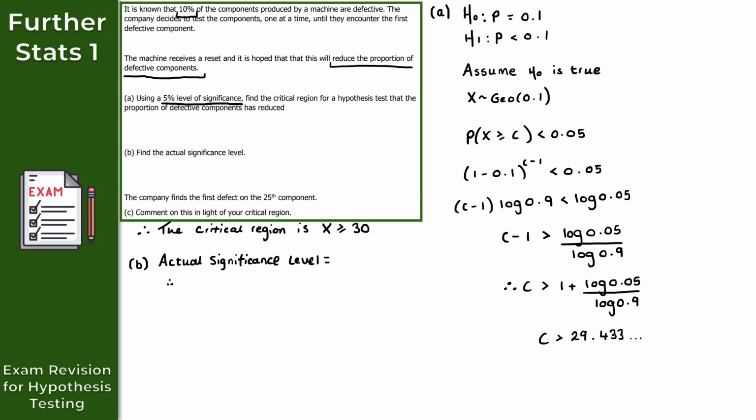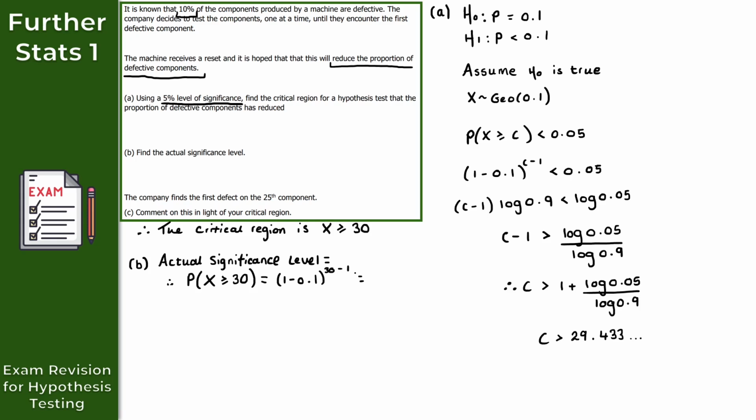So this is equal then to the probability that our random variable x is greater than or equal to 30. So to evaluate this here, this would be 1 minus p to the power of 30 minus 1. So we get 1 minus 0.1 to the power then of 30 minus 1.